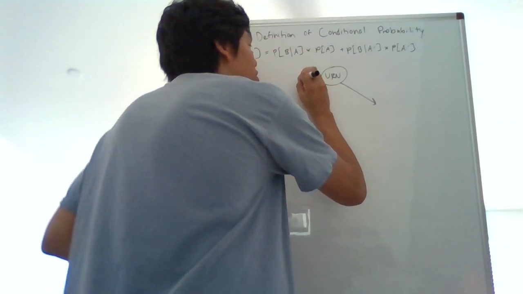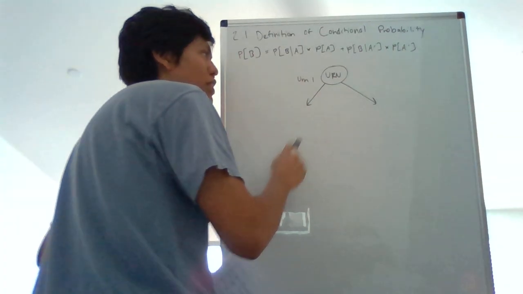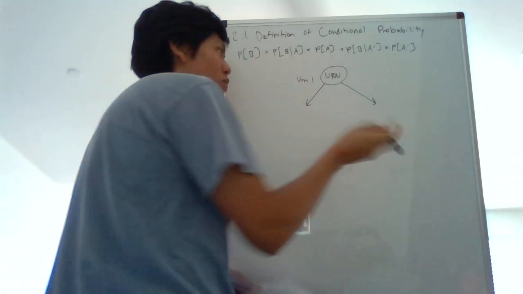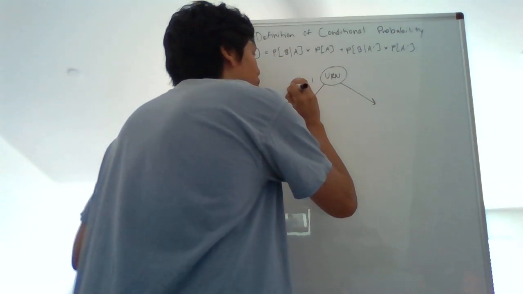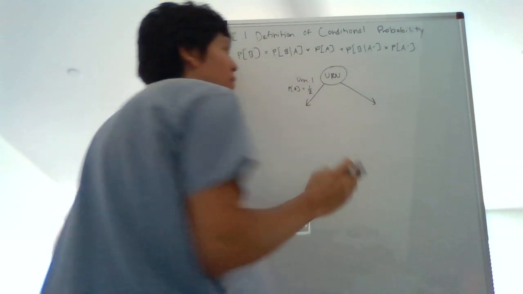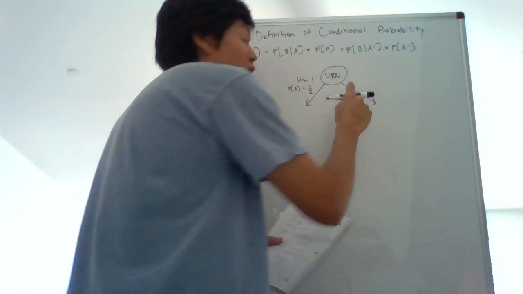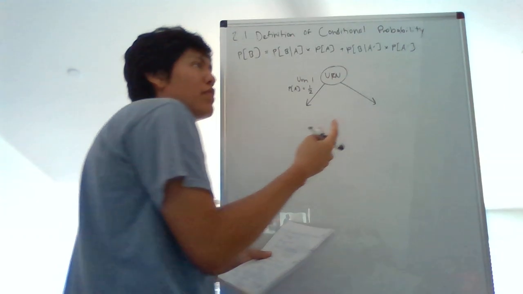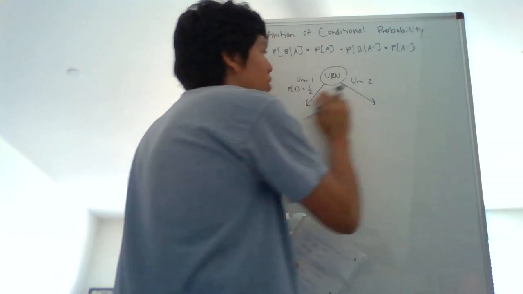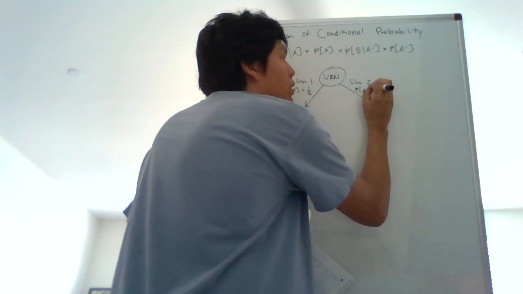So urn 1 is chosen. Choosing urn 1 points us in this direction. So what's the probability that we choose urn 1? Well, that's just 1/2, because there's only 2. But let's say we chose urn 2. This is where a complement comes in, right?